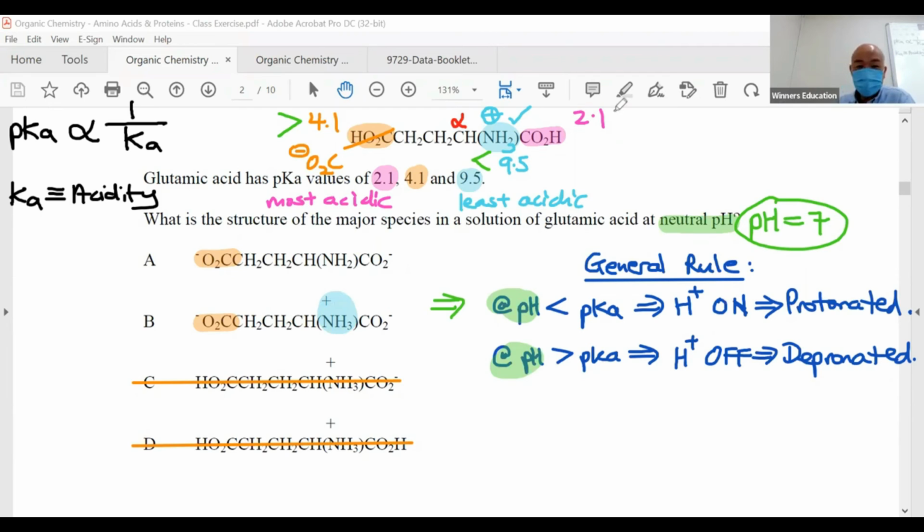Then we go to the other side. Let's go to the pink. 7 versus 2.1 is what? 7 is bigger than 2.1, right? H plus must go off. So the pink color here looks like CO2 minus. Answer is B indeed. I hope you agree with me, everyone.